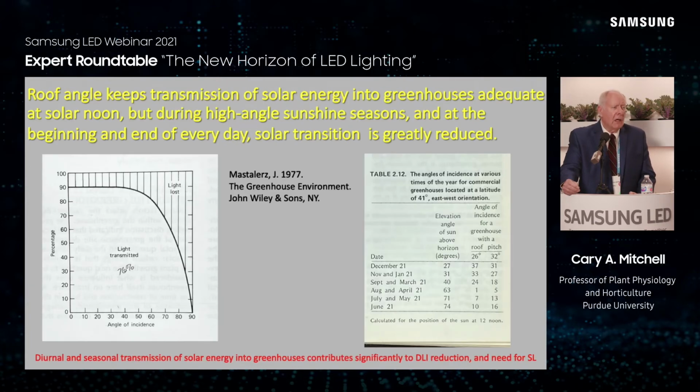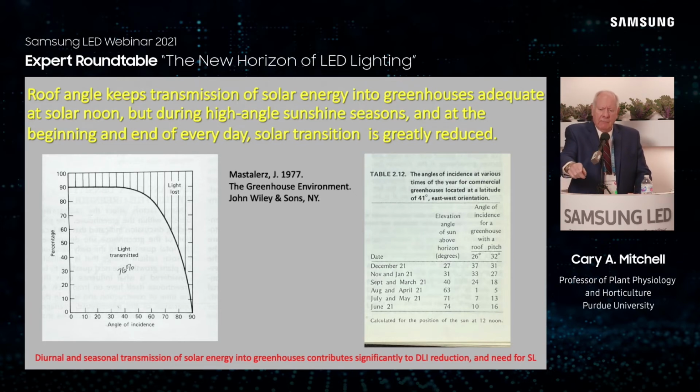And then add greenhouse roof angle and the sun coming up with a very steep angle in the morning and going down with a very steep angle. In that graph on the left, you can see that even at midday with the sun coming straight down, you're still losing 10% light going through greenhouse glass. But throughout the course of the day, as you go towards sunset, as that angle gets greater and greater, it bounces off the glass.